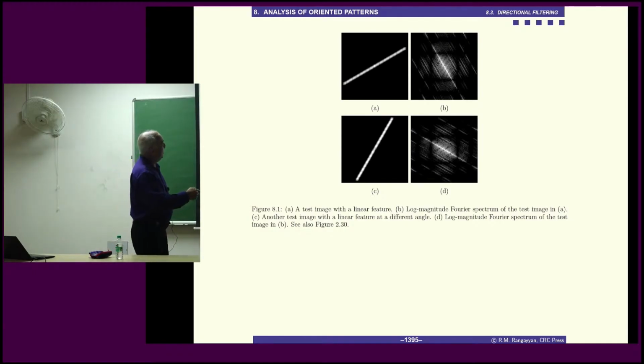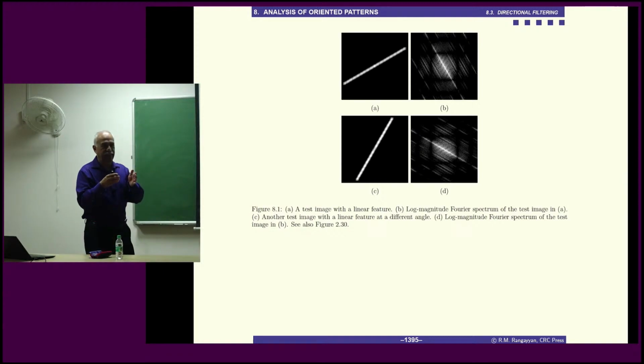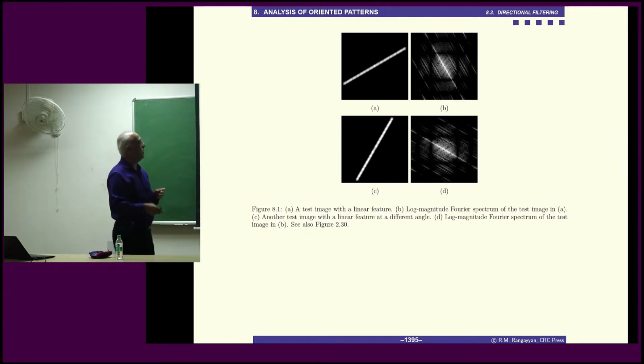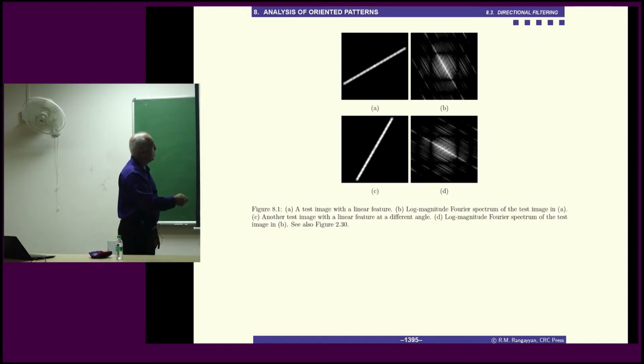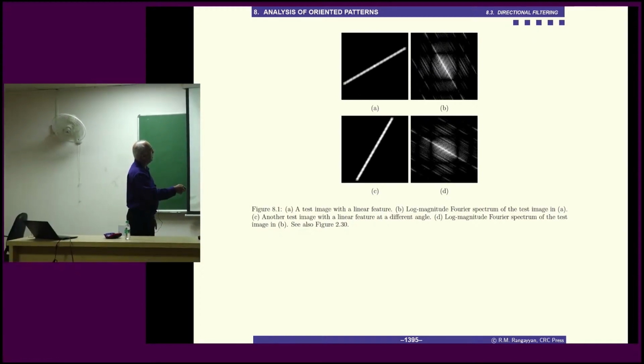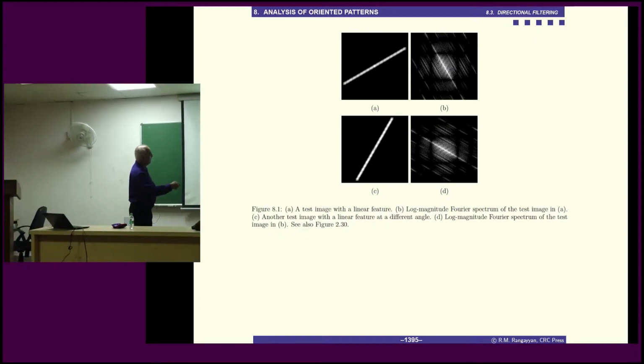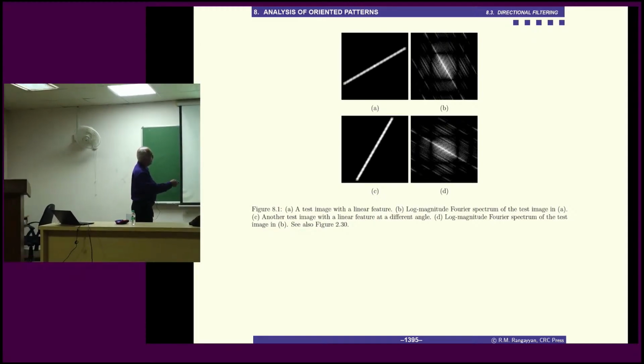So the Fourier transform of a line in a finite space digital image or discretized image will have some other artifacts. But still, you can see that most of the energy is here, and if you take only that part, it represents this line. If you rotate it, then there is a corresponding rotation. Note that the energy in the frequency domain, this axis is perpendicular to the orientation of the line in the image domain.